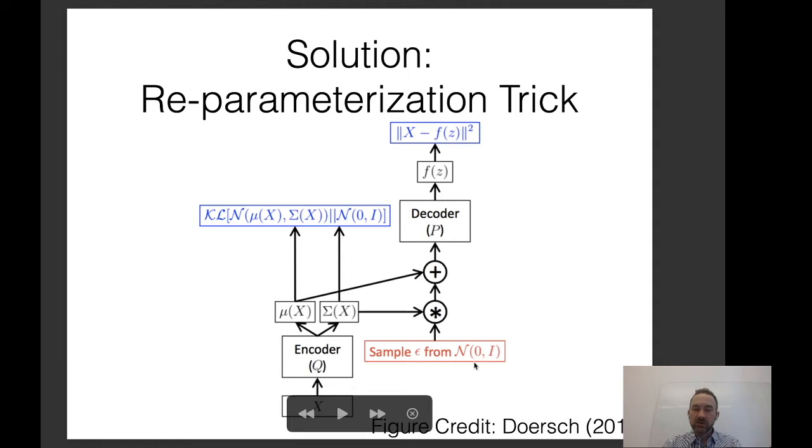So now you can see the sampling happens before any part of the computation graph, and we can backprop all the way into the encoder, which is a really clever and useful trick.